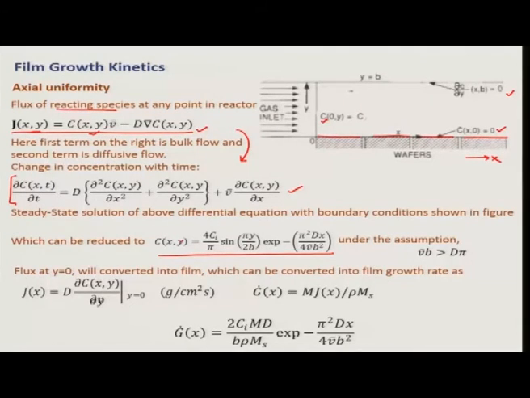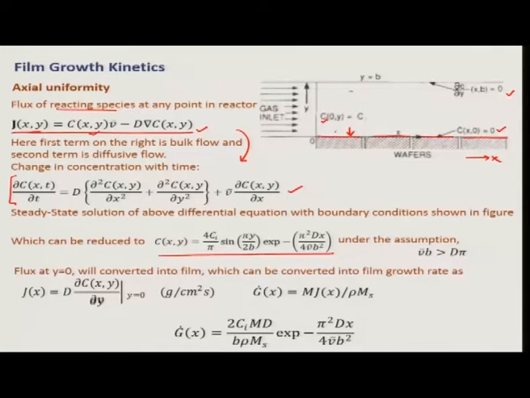Now, the boundary conditions are such that any reactant which reaches the wafer reacts immediately. The reaction conditions such as temperature and thermodynamics of the reaction are such that any reactant species which reaches the wafer reacts almost instantly.